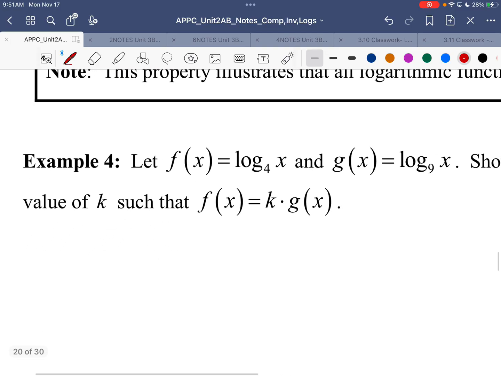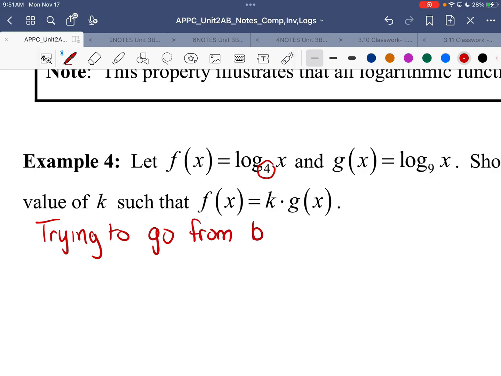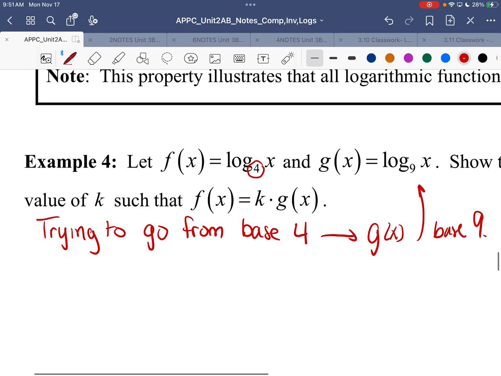We're trying to go from base 4 to g of x, which is base 9.